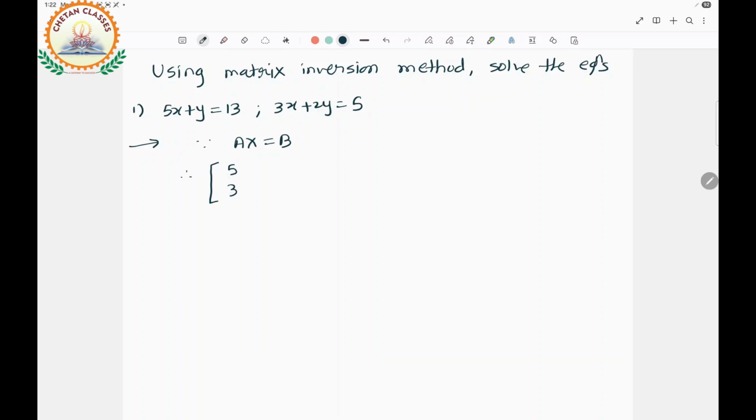The second column is the coefficient of y: in the first equation it is 1 and in the second equation it is 2. X means unknown, that is x y, is equal to B means constants, that is 13 5. So this is our A, this is our X and this is our B.